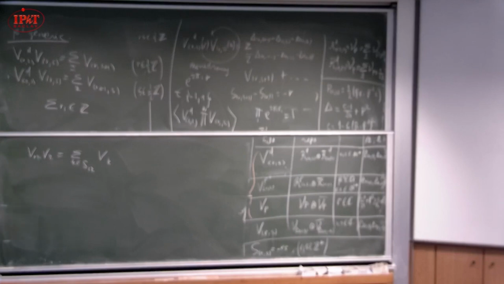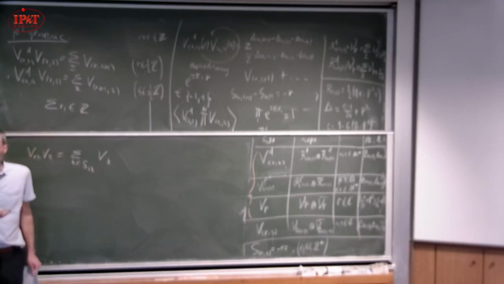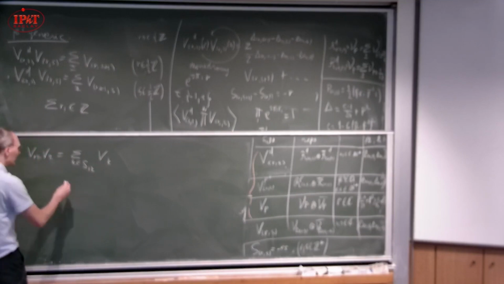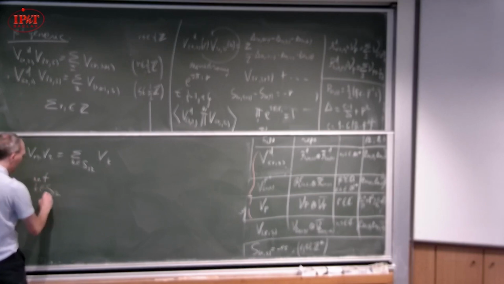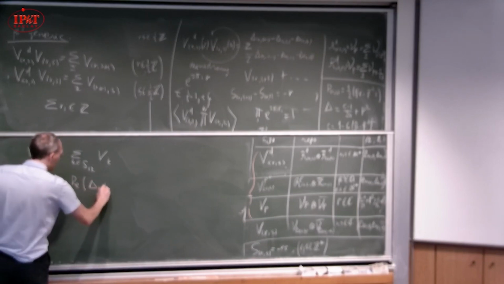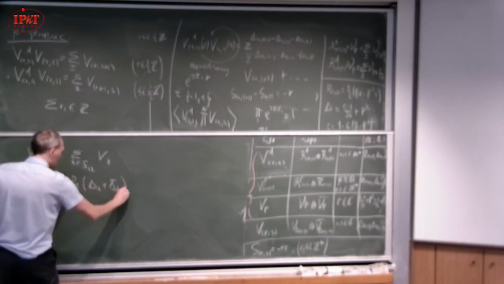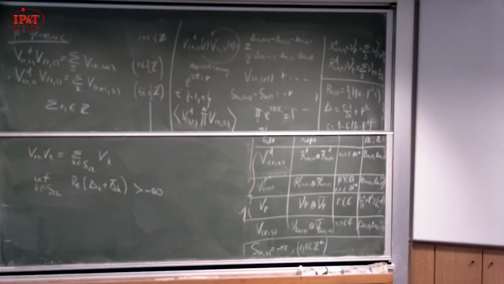So for this to converge, basically we want the conformal dimensions of these fields to be bounded from below. So more precisely, we want the infimum over this spectrum of the real part of delta k plus delta bar k to be more than minus infinity.